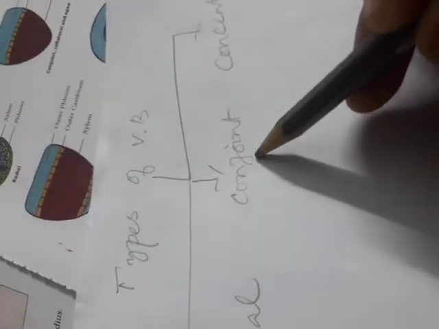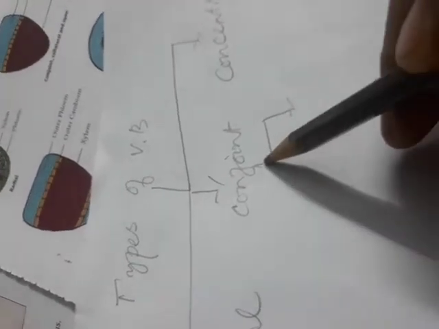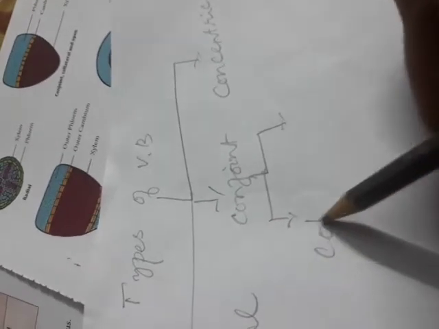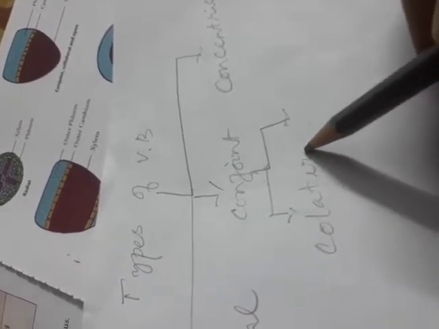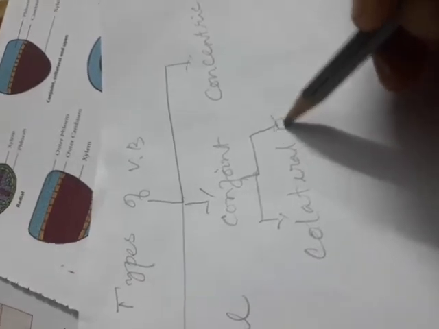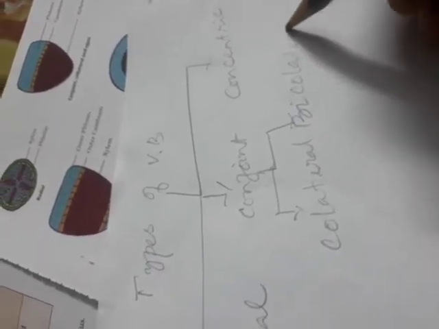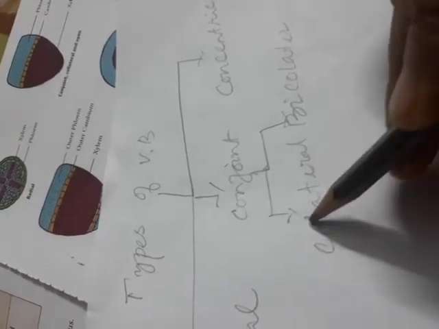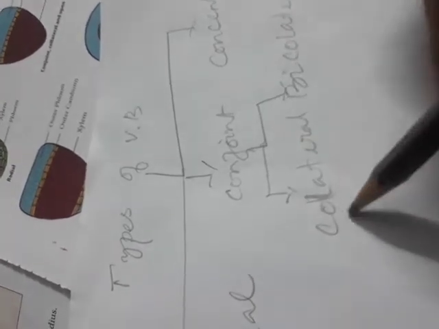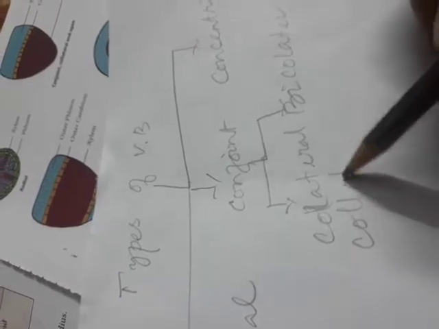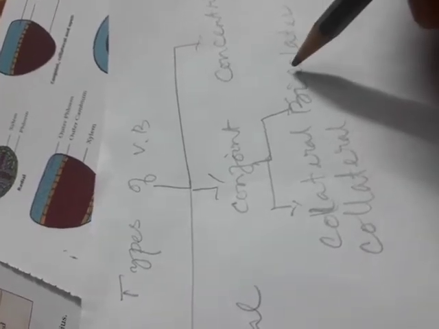Conjoint vascular bundle is of two types: collateral and bicollateral. Double L will come, collateral. Bicollateral, again it will come double L, bicollateral.